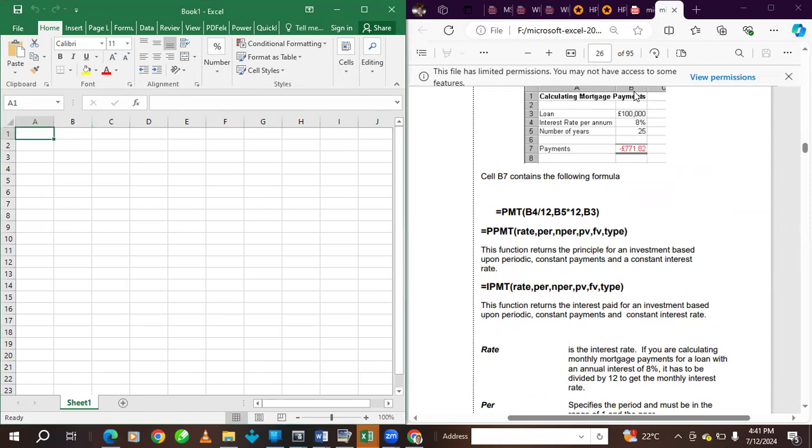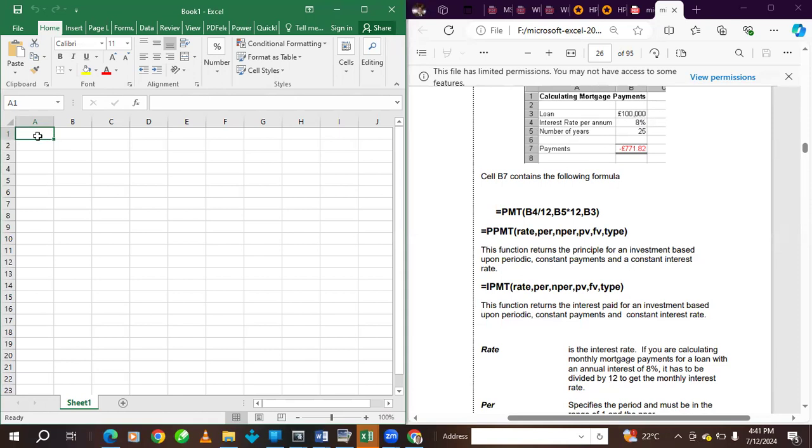We can write the heading or skip it, but when you want to calculate the mortgage payment, say someone borrows a loan of 100,000 at an interest of 8% for 25 years, you need to calculate how much money he or she will be paying every month so that he can clear this money.